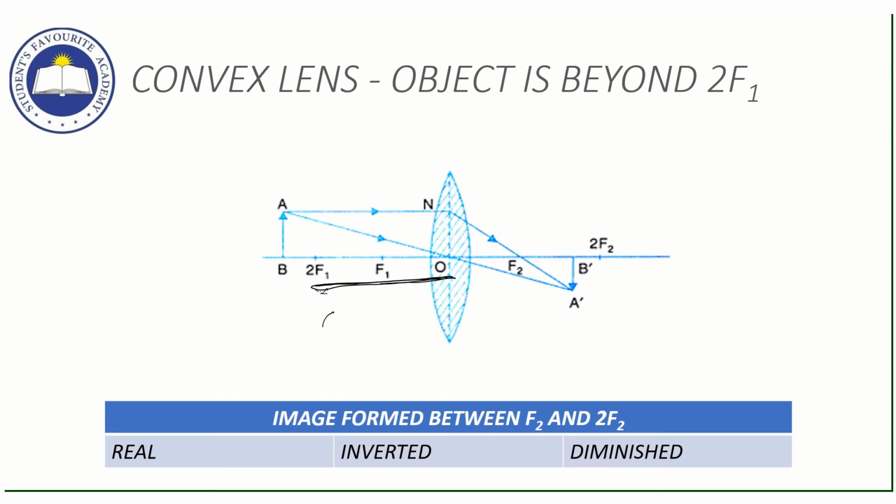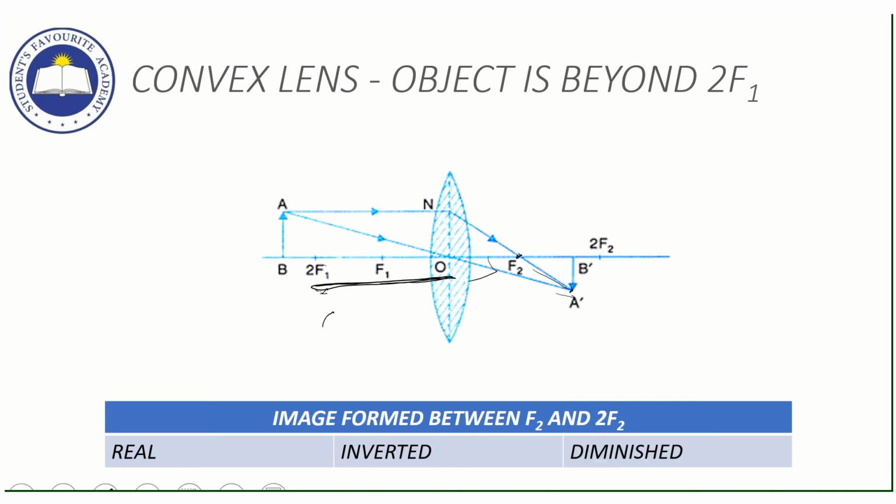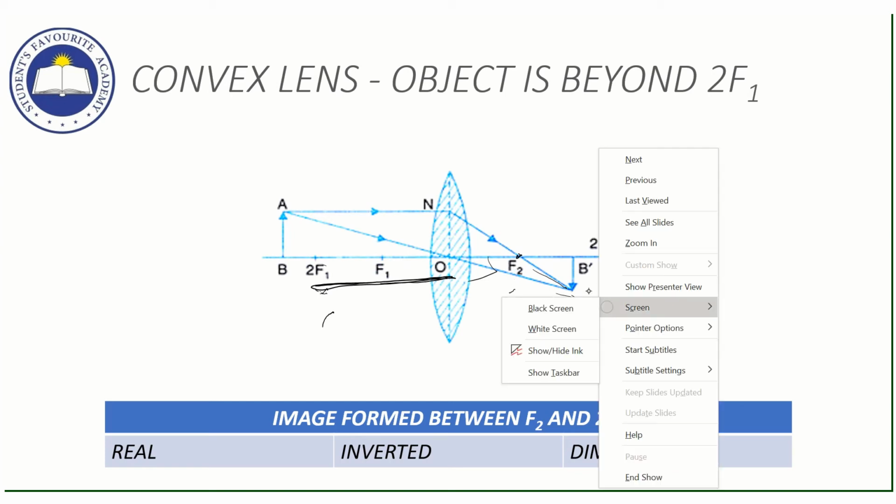Okay. So suppose an object is beyond the center of curvature, beyond 2f1, that is AB. A ray which is parallel to the principal axis will pass through the focal point f2, and a ray through the optical center will go undeviated. So these two rays intersect at this point. So the image will be formed here, that is between f2 and 2f2, between the focal point and the center of curvature.